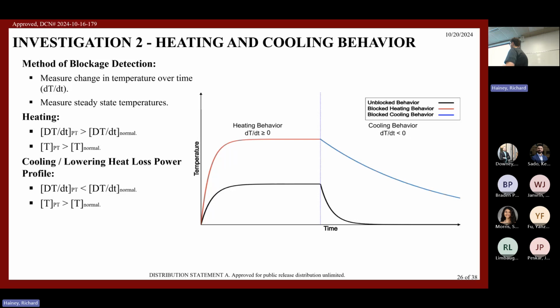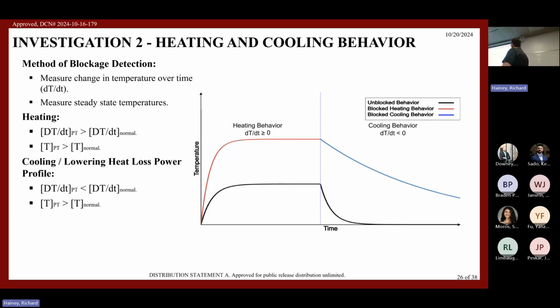And as I mentioned, with the changes in cooling or heating characteristics between the blocked and unblocked system, you can see how in a heating scenario, the change in temperature within the blocked block will be much higher, and you also see a higher steady state temperature in that block. Whereas in a cooling situation, it's vice versa.